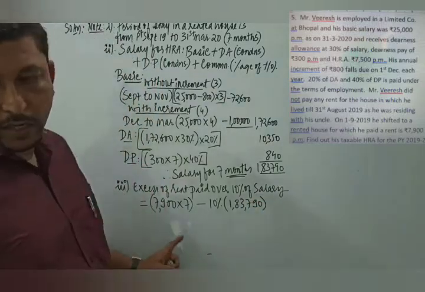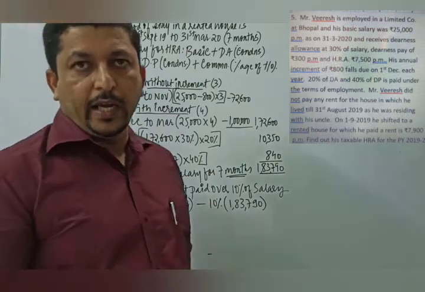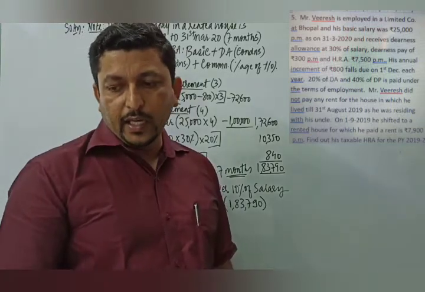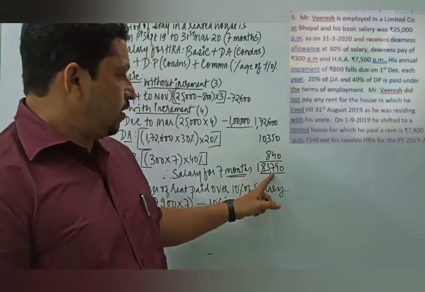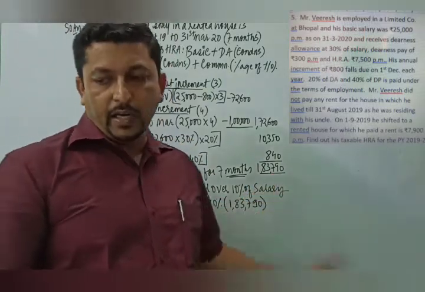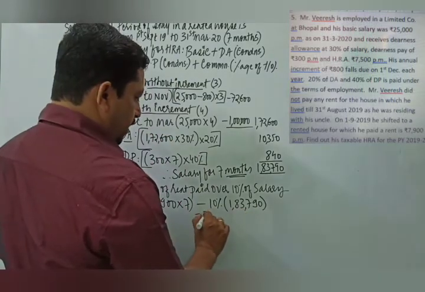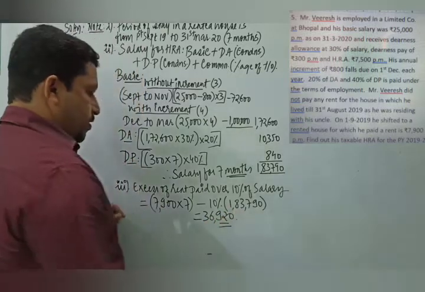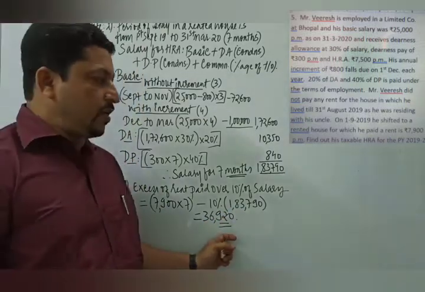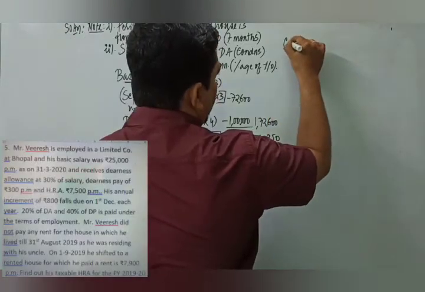So 7,900 into 7 minus 10% of 1,83,790, which is 18,379. So when you deduct, you get a value of 36,920. You can calculate this number. You get 36,920. So ready numbers are available. We can now prepare the format.